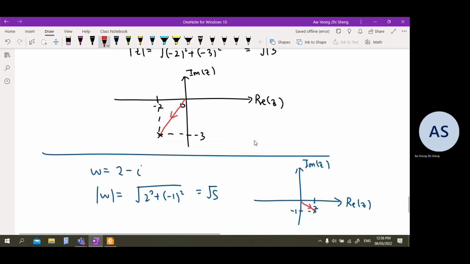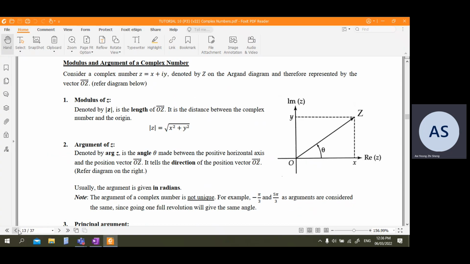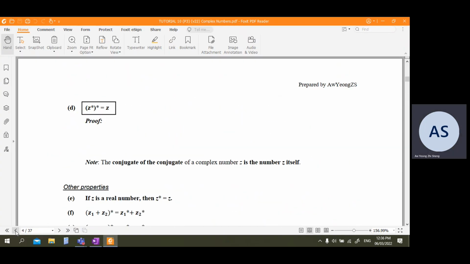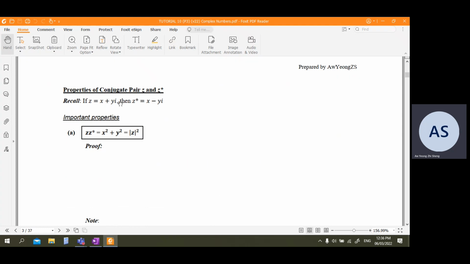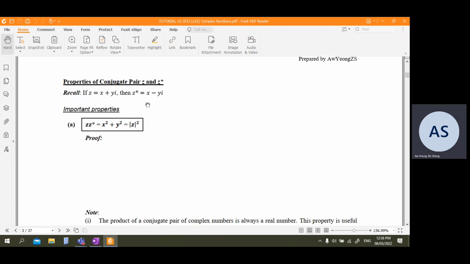Now, recall earlier in this chapter, you have encountered the modulus of a complex number very briefly when we studied the product of a conjugate pair Z and Z star. When we covered this page 3 earlier in this chapter, I told you to just accept that the modulus of Z is the square root of x squared plus y squared.